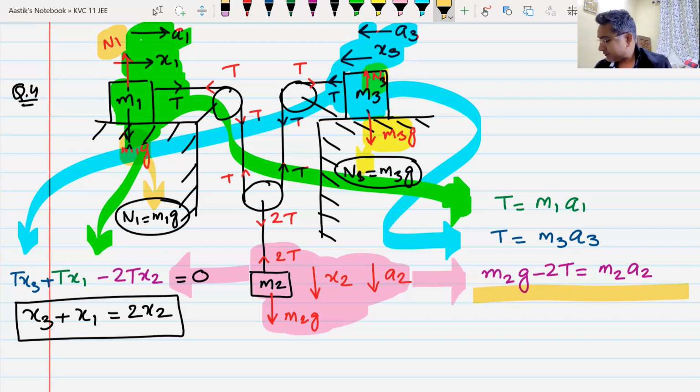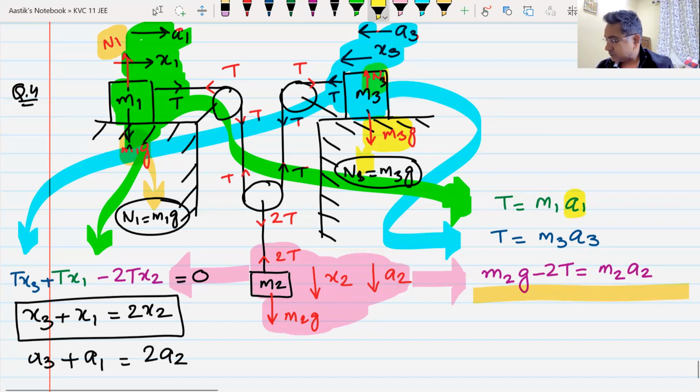What I will do is, please listen to me carefully. I will take the value of A1. Remember, this equation is A3 plus A1 is 2 times A2. Do we understand this? So I will take the value of A1 from here and put it here.